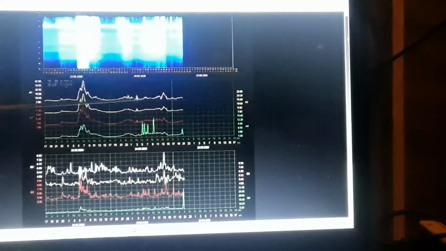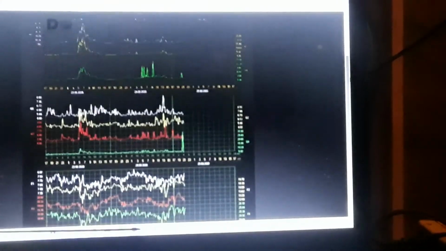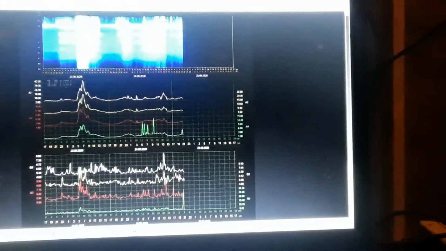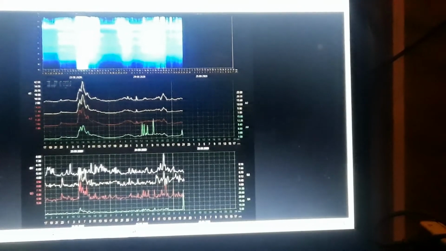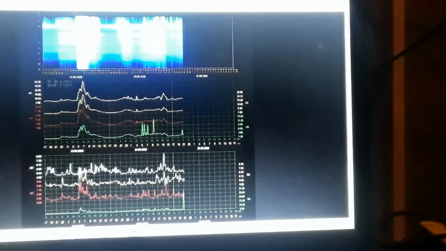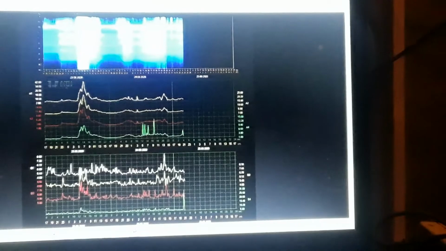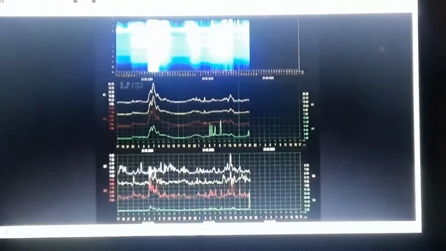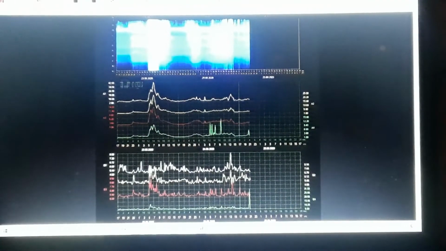Once you know what these modes are, you'll be able to determine what is a true resonance and what is something else happening that may be local to the observatory, or it may be on a worldwide scale. But without knowing what is what, you will never know whether it's local or whether it's something happening around the world. And if you're keeping track of things, it's important to know that.